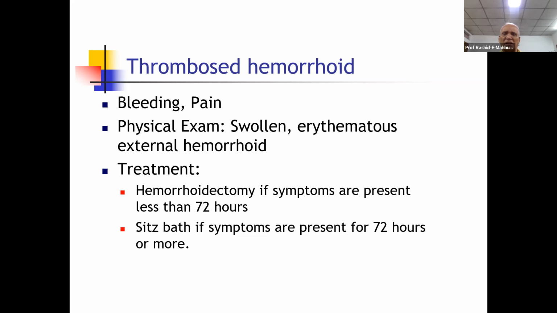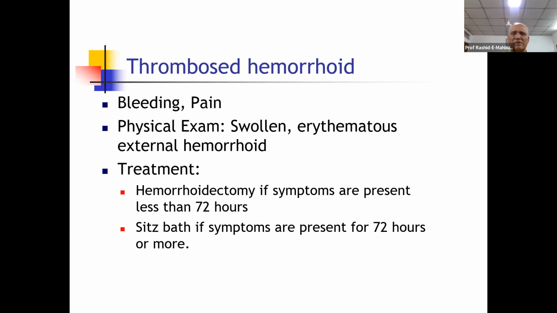But there is another type of piles or hemorrhoids you can get. That is what we should say thrombosed hemorrhoids or thrombosed piles. That is painful. They come out of the anal region, and in the physical examination, you can find it as an external hemorrhoid, swollen and erythematous.